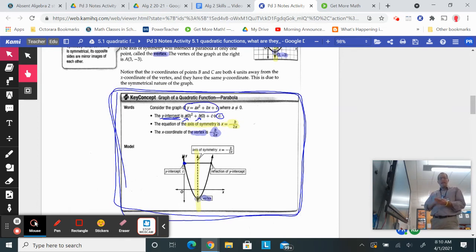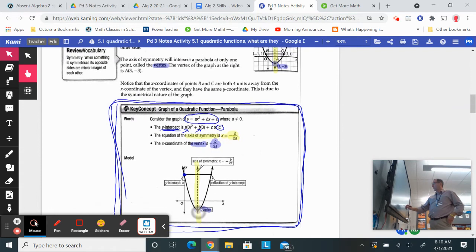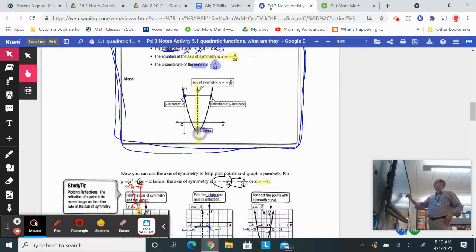So you already know what the x term will be because the axis of symmetry is an x equals equation. So you take that x value and you substitute it into the quadratic equation. Just like any input, out comes an output, which would give you the ordered pair for the vertex, which I'm trying to highlight right here.